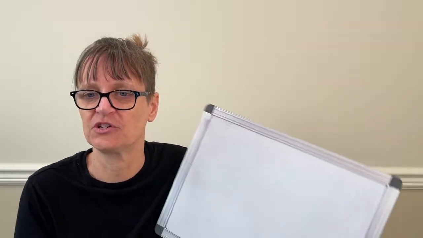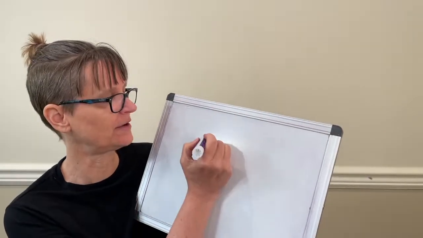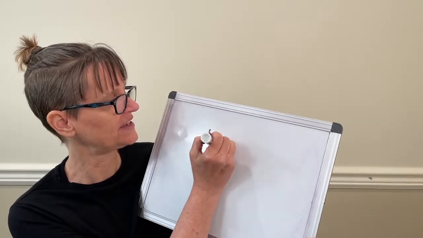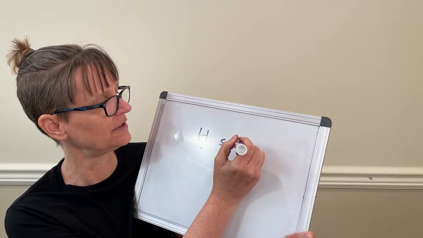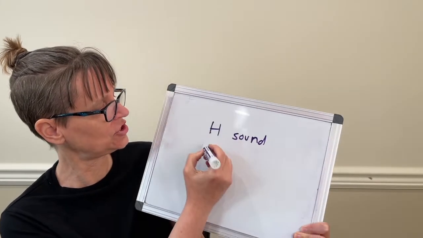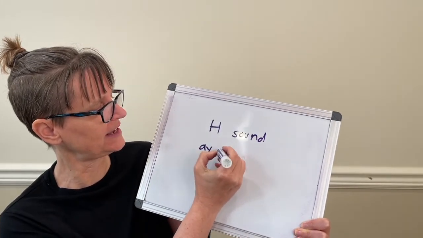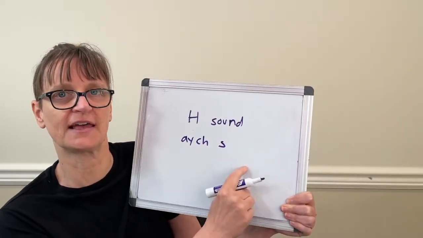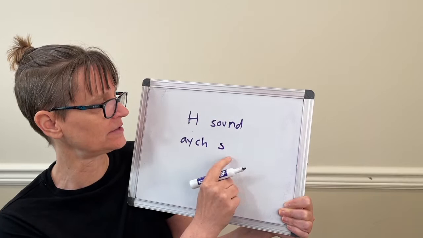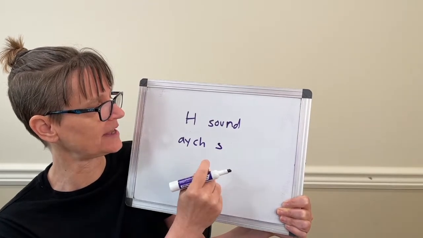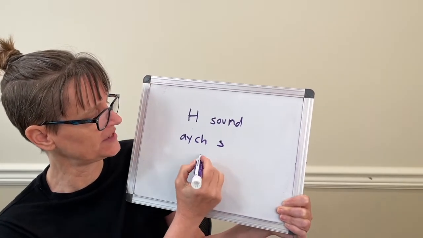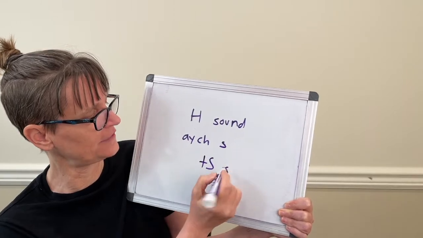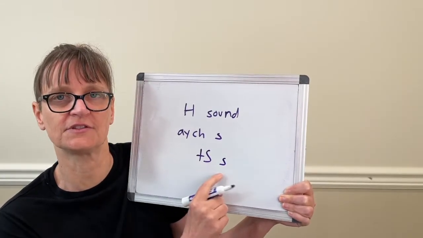Okay, so the question was when we say H sound. So when I say H sound, H is really a CH sound. So touch screen, H sound. Yeah, basically the same thing. I'm going to have a little of the ch and then this H sound.